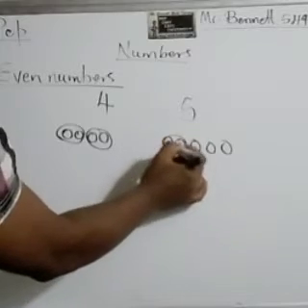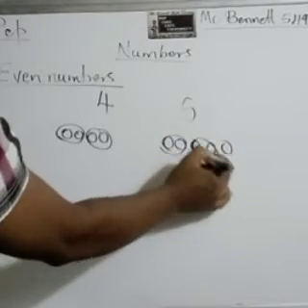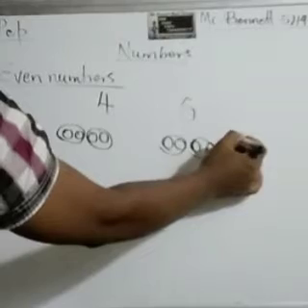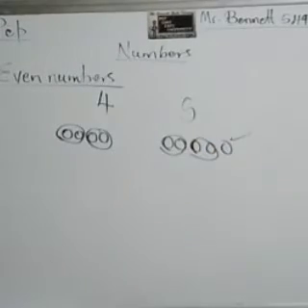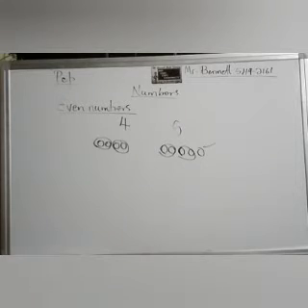So 1, 2, 1, 2, whoops, 1 leave out. So therefore, 5 is not an even number. It is rather an odd number. So if you know what an even number is, then automatically you know what is odd.